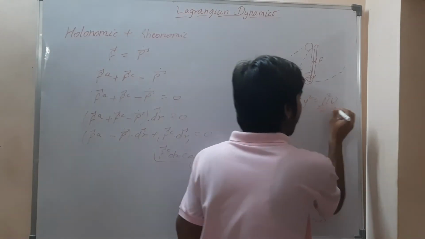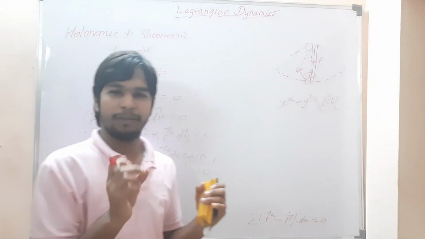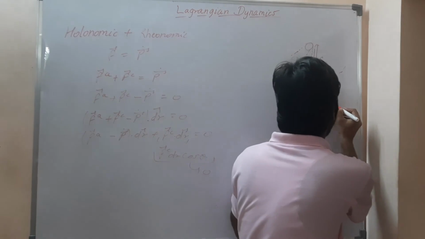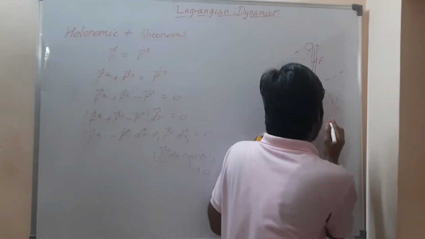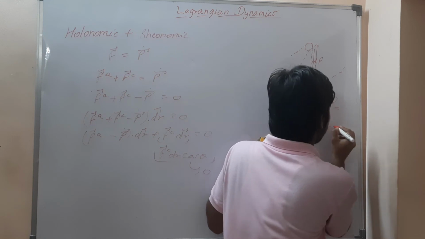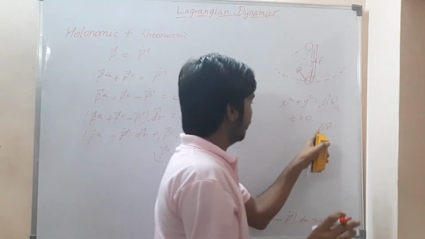Then I can make a small change in this one. If I make the change in t equal to 0 and make some very small displacement delta r, then time is not changing.